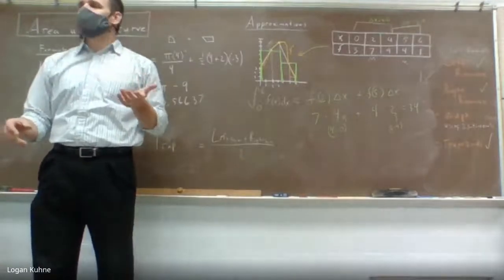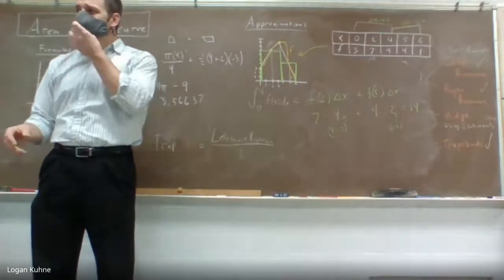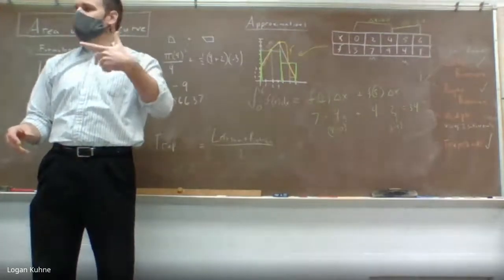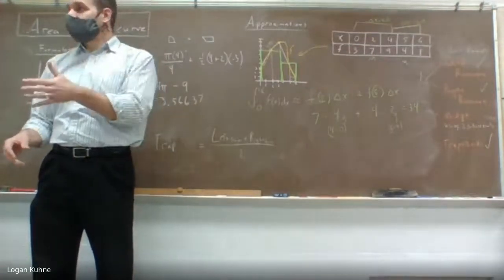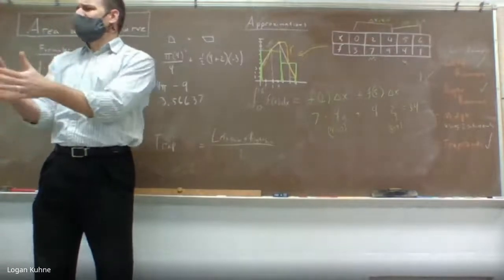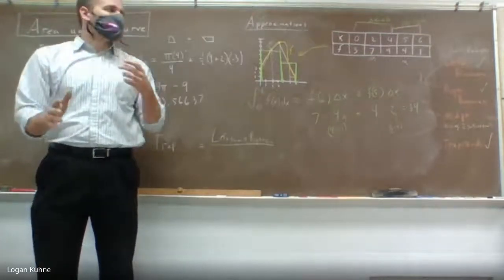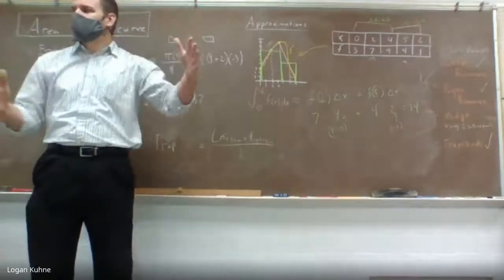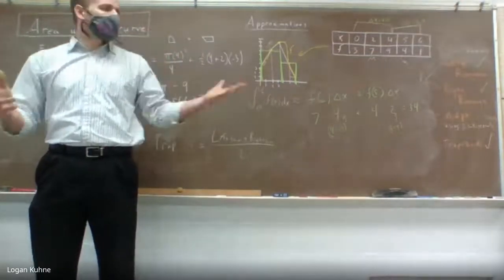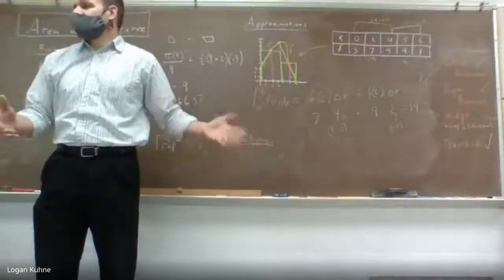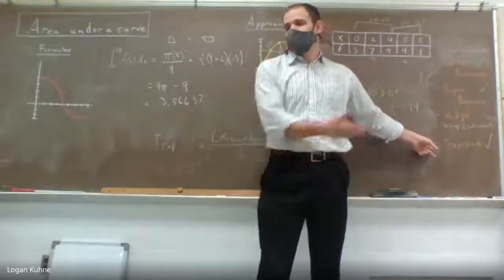Oftentimes, for lots of equipment, it's not going to make that big of a difference, because if I'm taking data every 1/100th of a second, there's not going to be that big of a difference normally. So it's not going to be a huge difference between the two. But yes, it normally makes more sense in applications. Let's just add left, right, average them, or just say, let's do midpoints, because that's the same thing.